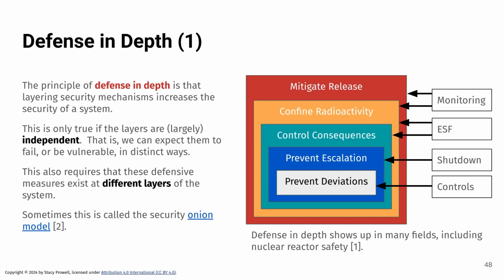We don't want that, so we have controls right there in the center. Once we get outside that and a deviation has gotten out, we want to prevent escalation. We want to prevent this from becoming a really bad day for everybody. And so we have things like scram or shutdown, which can react and shut the reactor down and hopefully control for those problems.